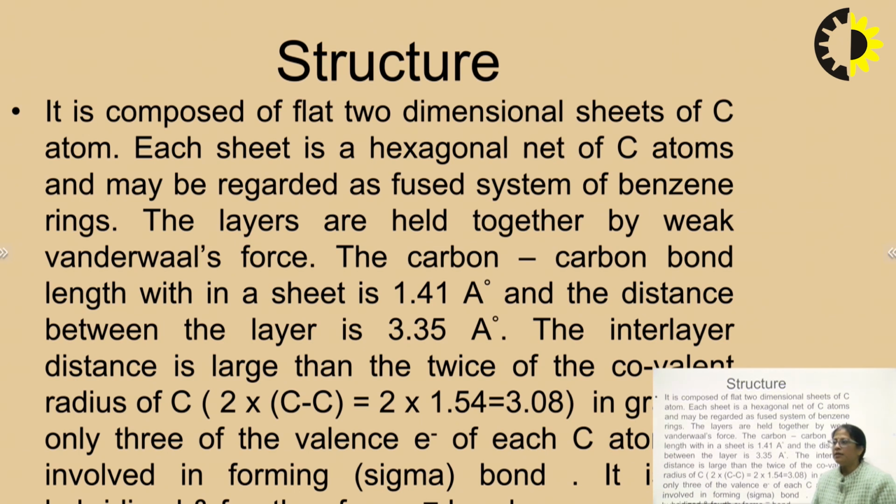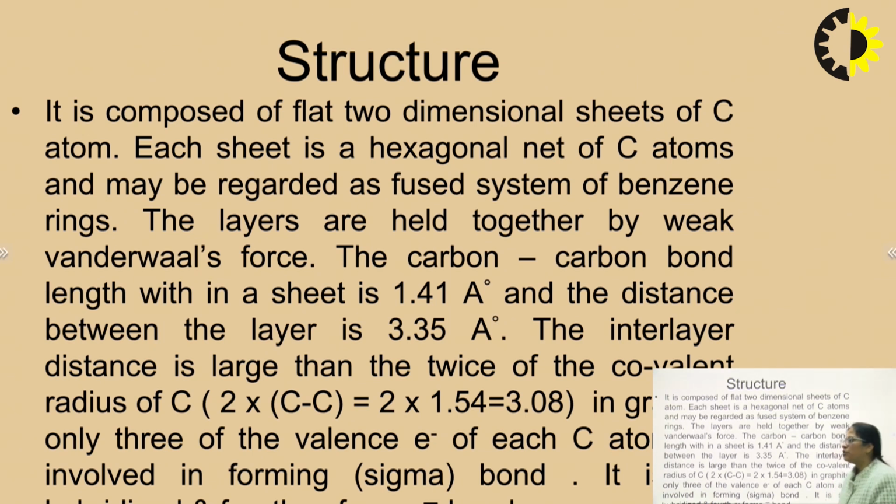The different layers of graphite are held together by weak van der Waals forces. The carbon-carbon distance is 1.41 angstrom, and the distance between the two layers of graphite sheets is of the order of 3.35 angstrom. The interlayer distance is larger than twice the covalent radius of carbon in graphite.